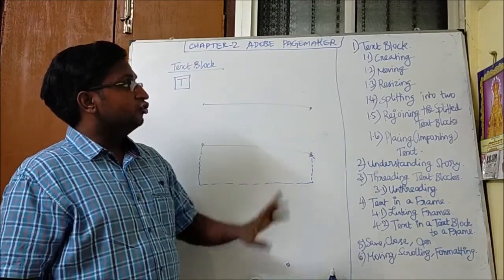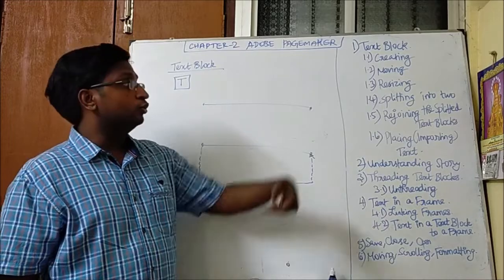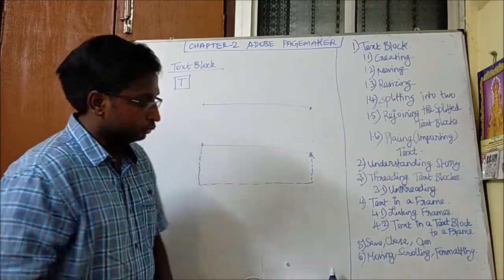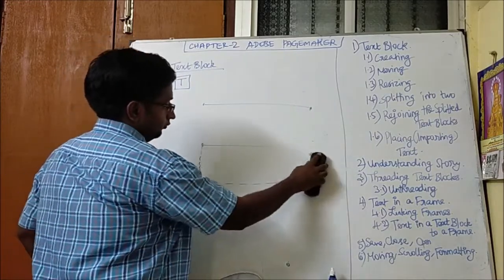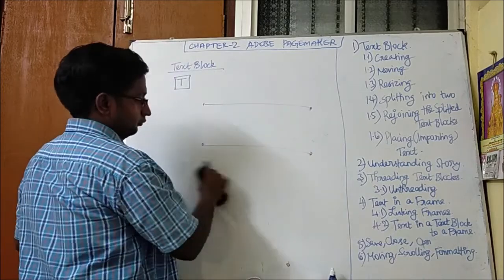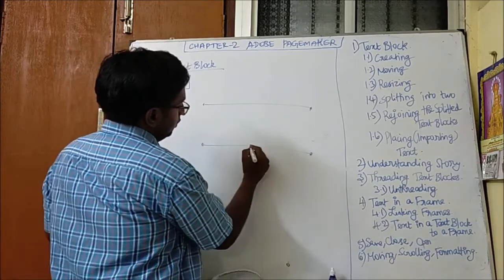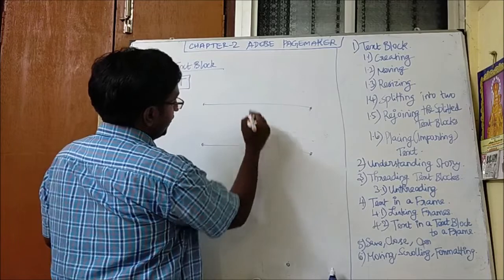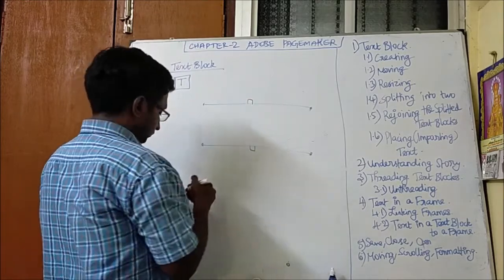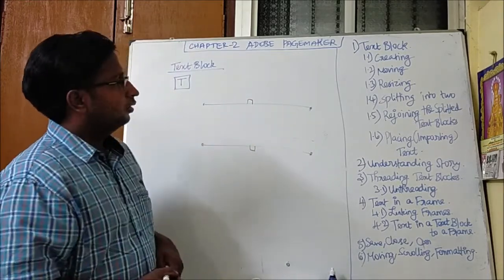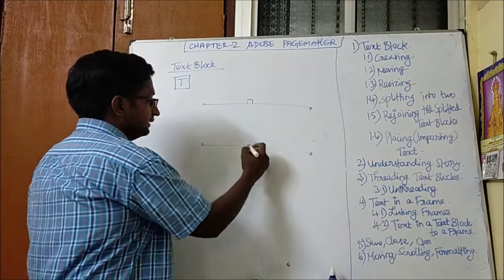So the next one is splitting the text block into two. You will be having a cap shape here. You have to click this.